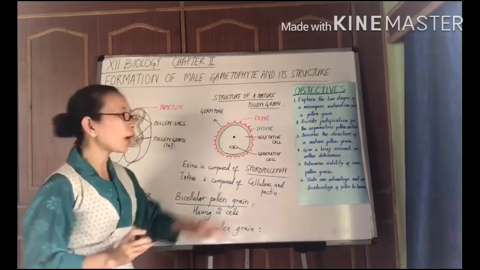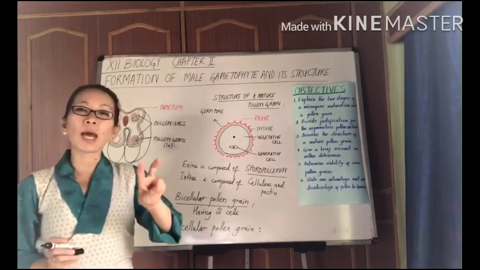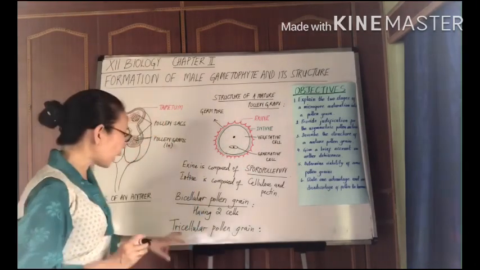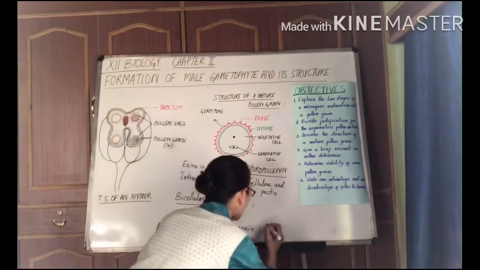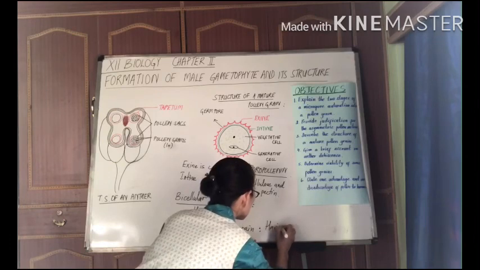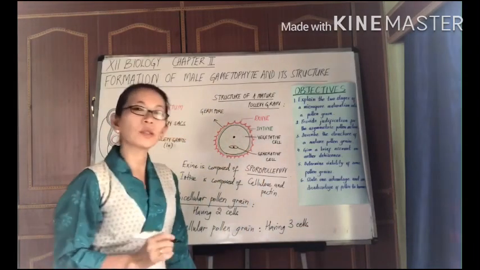If we have a vegetative cell along with 2 male gametes from the generative cell, then it becomes a tricellular pollen grain, having 3 cells in it. And which are these 3 cells?